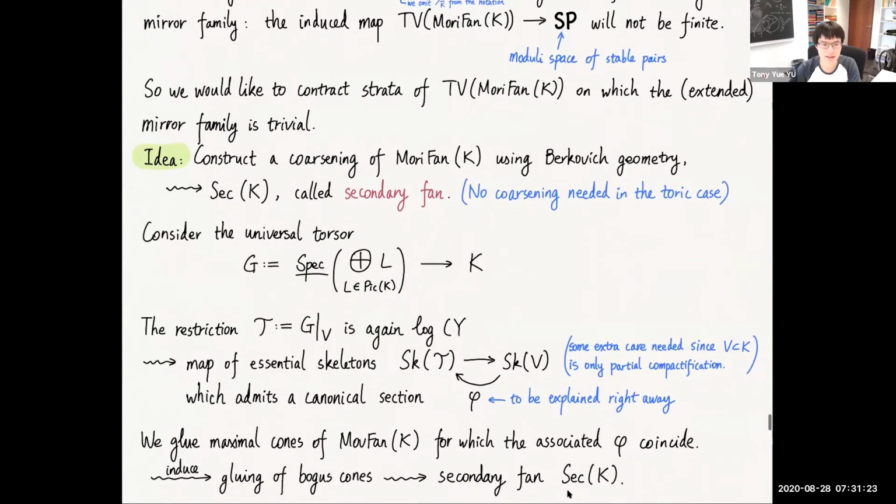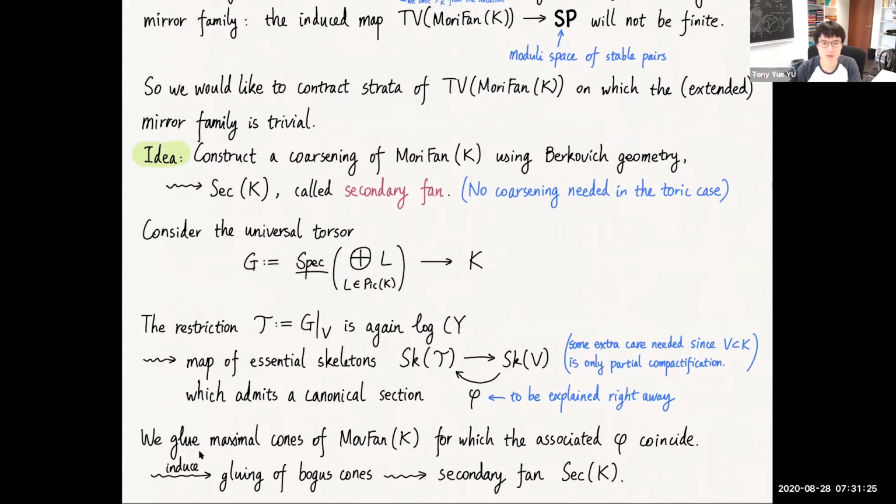The idea is that we can glue the maximal cones of the moving part of the Mori fan for which the associated phi coincide. So for each maximal cone of the Mori fan, we have an associated section phi.